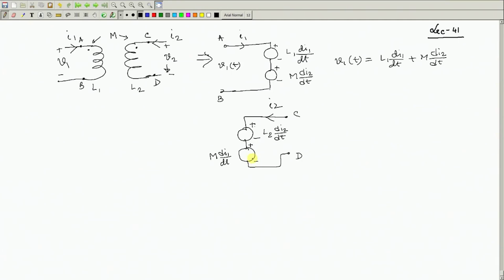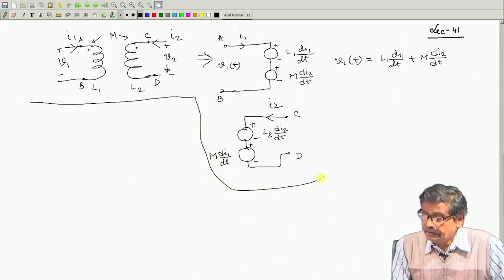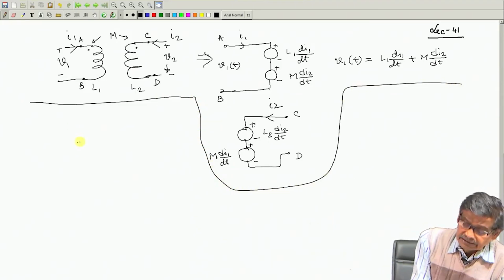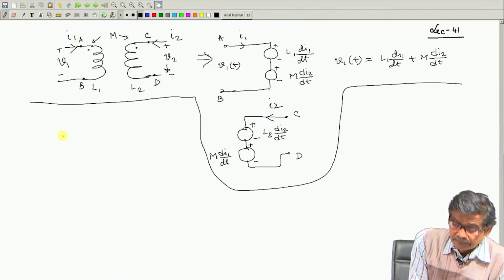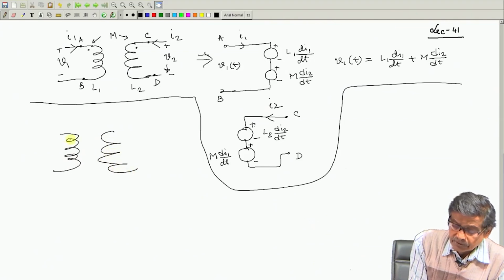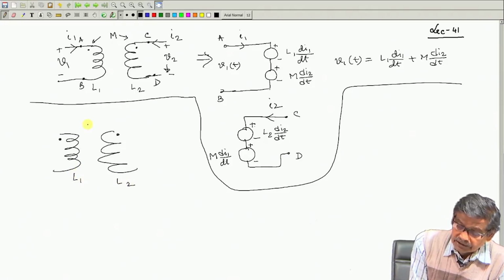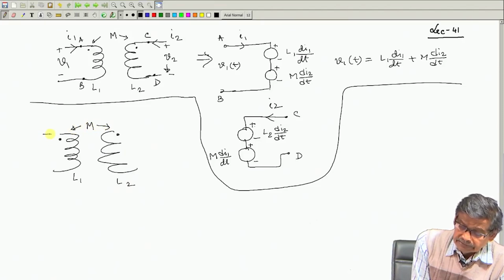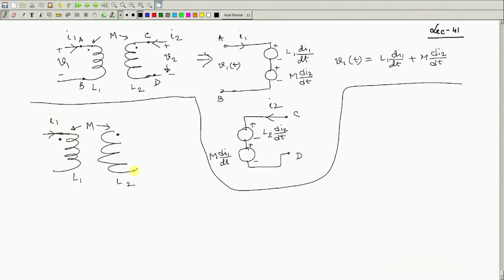Suppose I want to do the same equations in a different way. Suppose somebody says these are the two mutually coupled coils with L1 and L2, and the mutual inductance between them is M. Suppose he has assumed the current I1 in this direction, and the current in the other circuit is shown like this, I2.